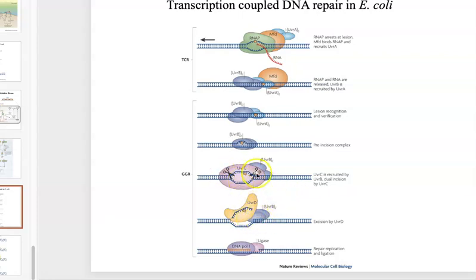So UvrC cuts, goes away, UvrD comes in and lifts this away, breaking the phosphodiester backbone, and then obviously the DNA polymerase can come in and resynthesize across that and remove the lesion. So this is the nucleotide excision pathway relying on the Uvr proteins primarily.